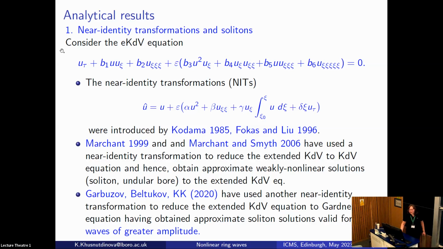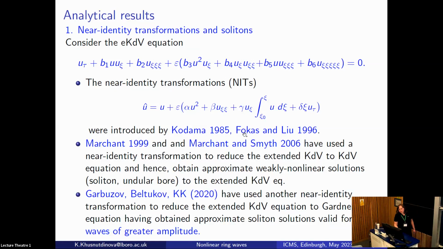So let us consider the extended Korteweg-de Vries equation for the plane waves. For this type of equations, there exist so-called near-identity transformations, which were originally developed by Kodama when he introduced these transformations and showed that they can be used to reduce an arbitrary extended Korteweg-de Vries equation to an integrable member of the family, the Fifth-order integrable Korteweg-de Vries equation.